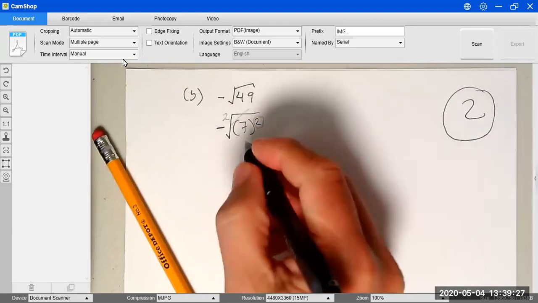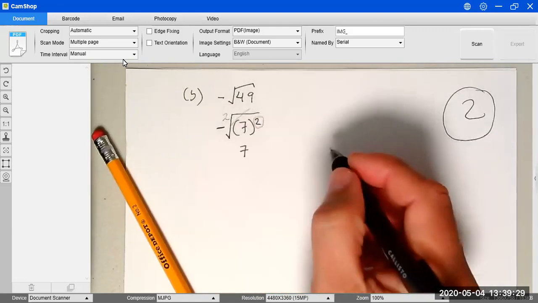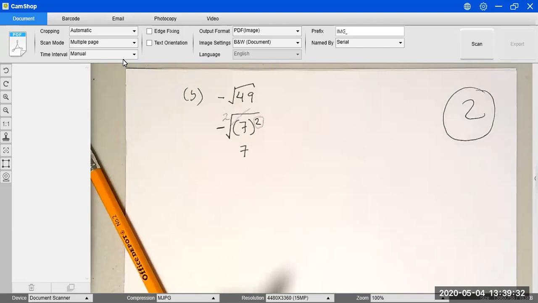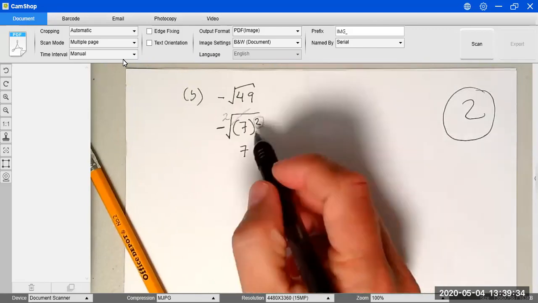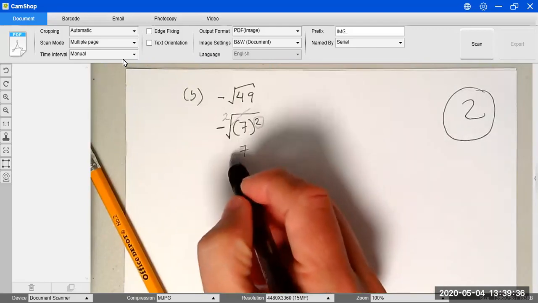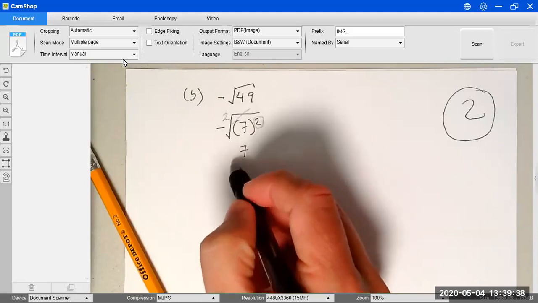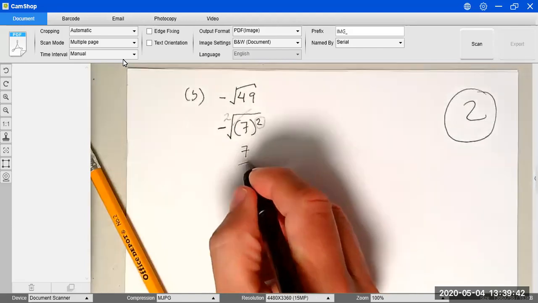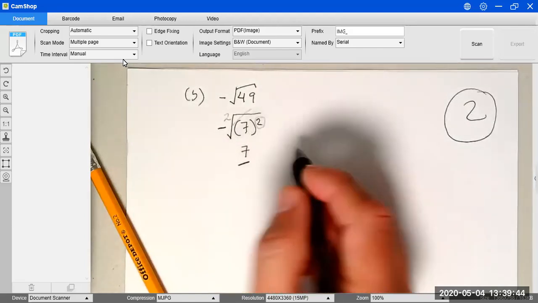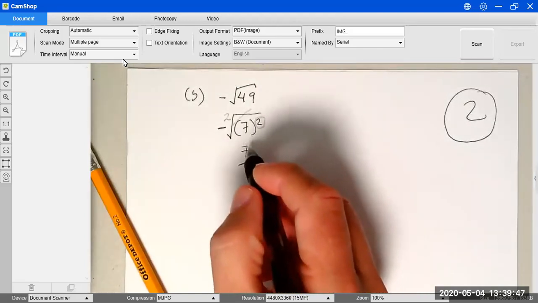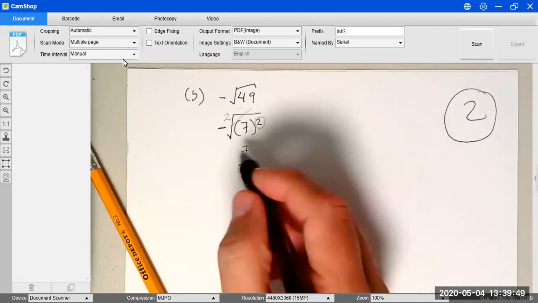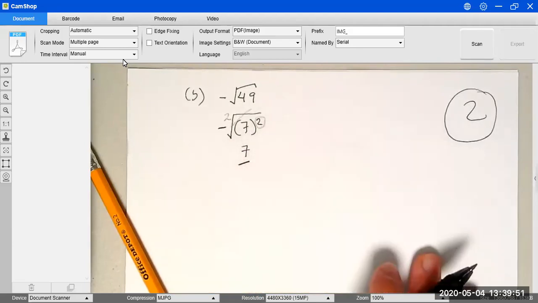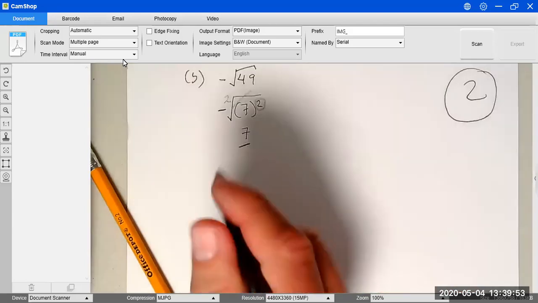This is very important because most of the mistakes I've seen students make in the past is that they get this result and they continue writing the radical sign. That's not the right answer. The right answer in this case is 7 without any radical here. So that's part B.